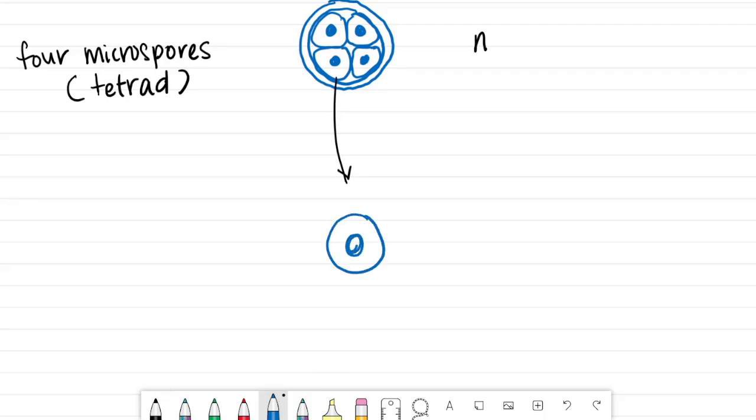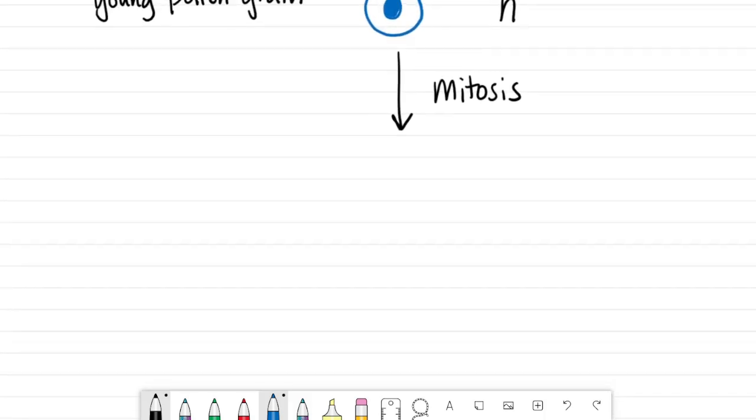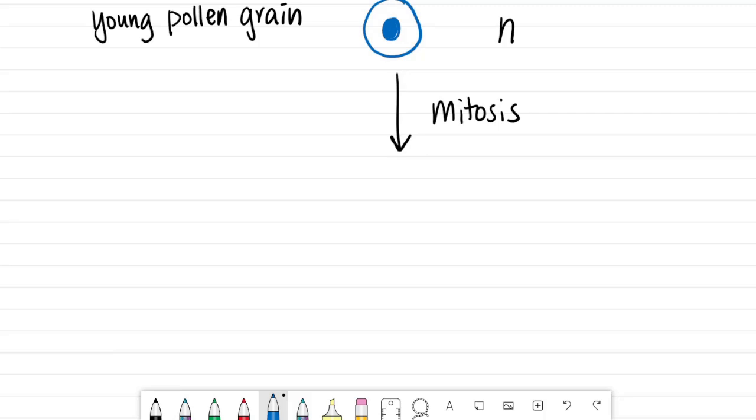Now, a young pollen grain looks pretty much like a normal cell. It is still haploid. Nothing different here. But it will continue to grow and to mature and then undergo mitosis and become this specialized cell called a pollen grain.